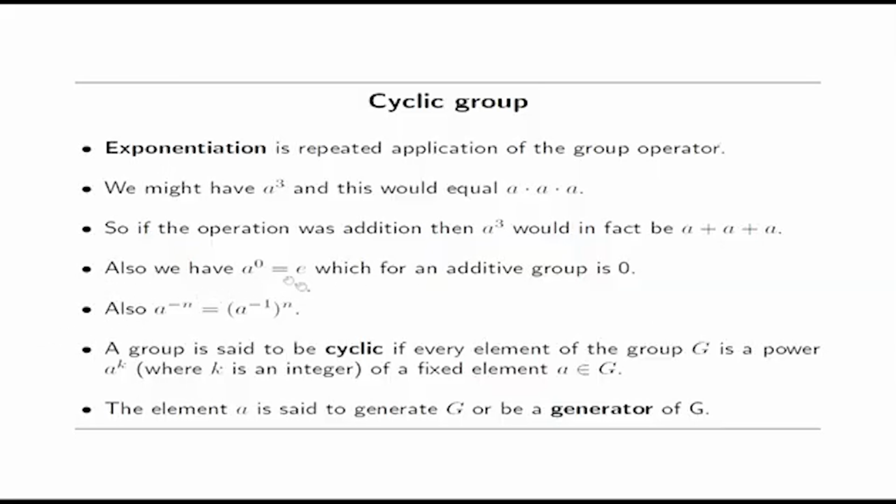This is the convention: a to the power 0 is basically e, and a to the power minus n is referred to as n times a inverse. If a group is cyclic, every element is written as a to the power k, and this a is called the generator or primitive element of the group.